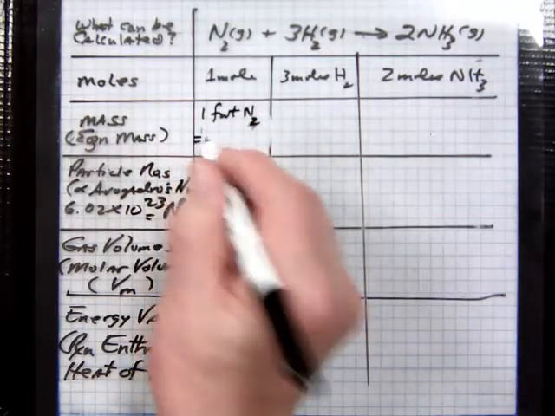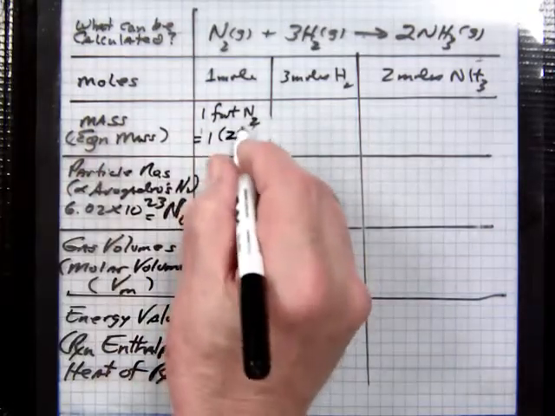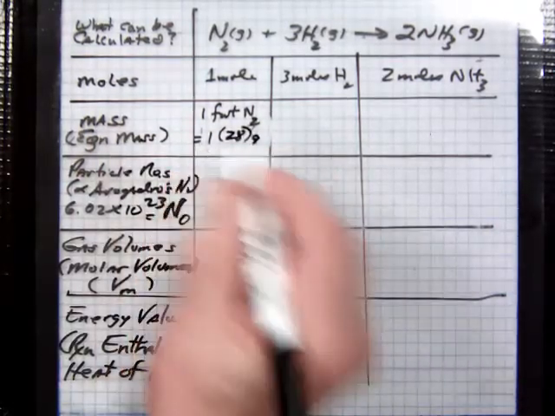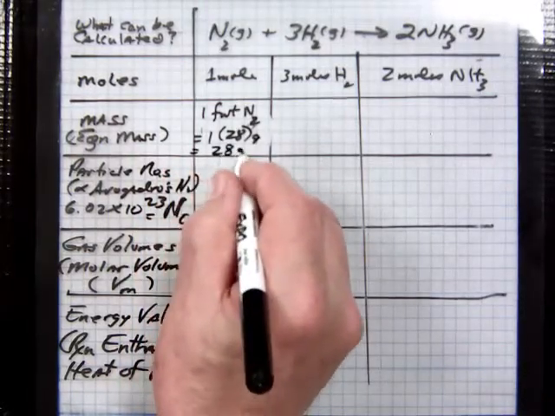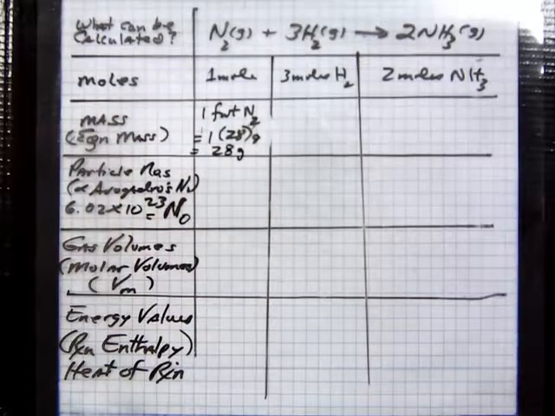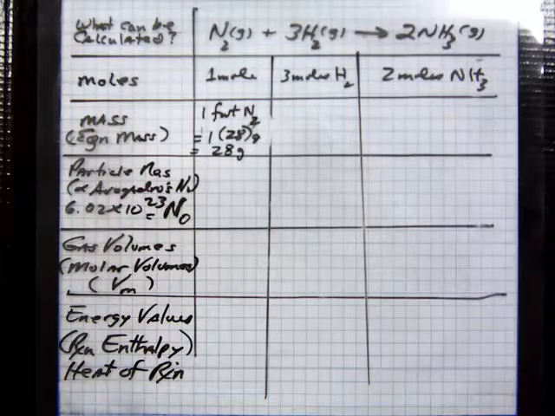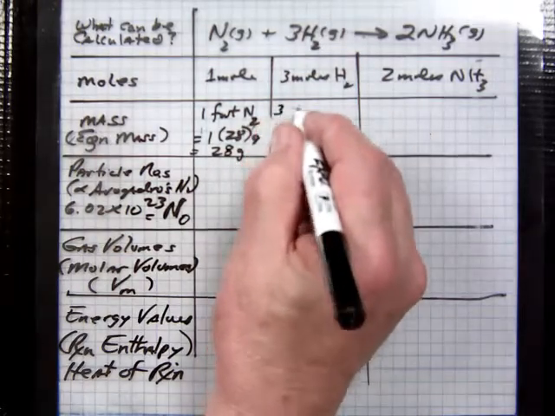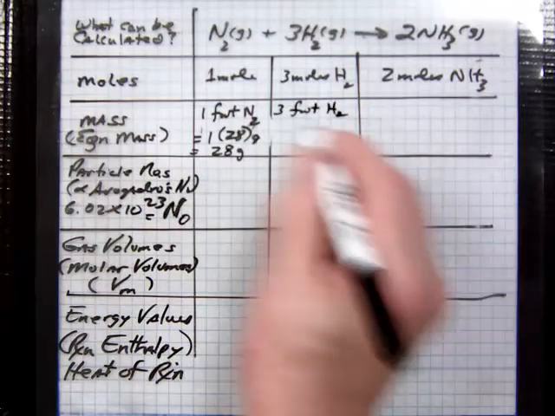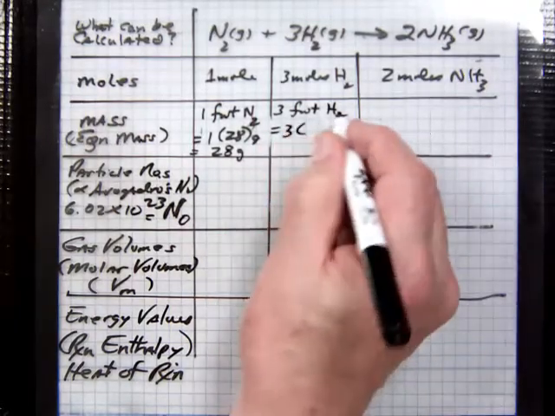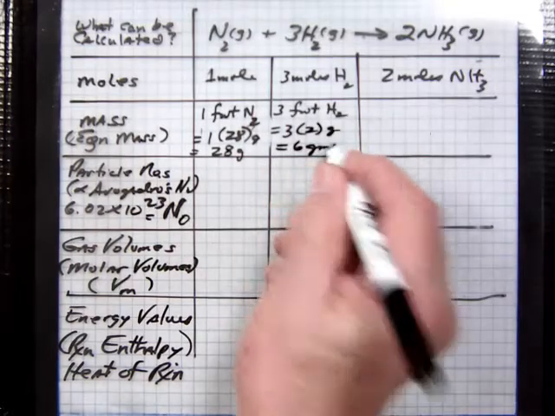Okay, and that would be 1 times 28 grams, and that'd be 28 grams. It's going to get crowded. Sorry. That's the equation mass that's used in that reaction. Here we have 3 formula weights of molecular hydrogen. Well, that's equal to 3 times 2 grams, or 6 grams. That's the equation weight.